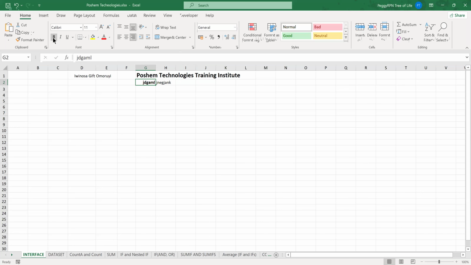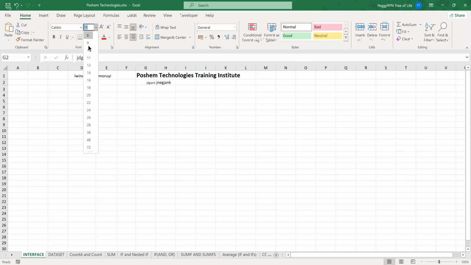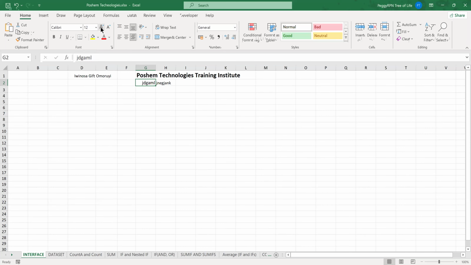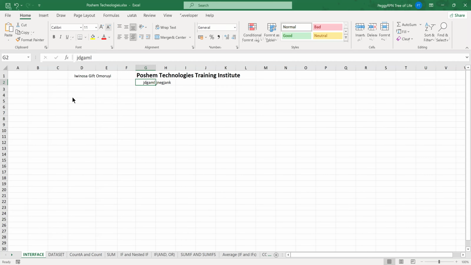You can increase the font. You can either use here or click on the drop down and increase it however you want. Or you can just increase it gradually like this until you have something you like. Then you can choose any font you want.